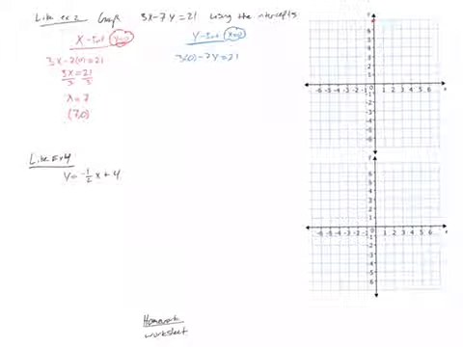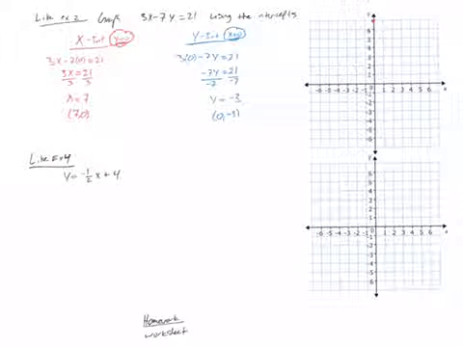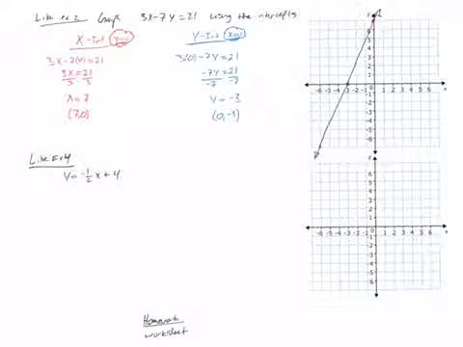Well, 3 times 0 is 0, so I'm just going to have negative 7y is equal to 21. Divide by negative 7 to get y by itself, and y is going to equal negative 3. So now I have a point where x is 0 and y is negative 3. Let's graph that point right there. Well, you only have to have 2 points to define a line. So all you have to do now is draw a line between those 2 points. And then that is the graph of the equation we were asked to graph.